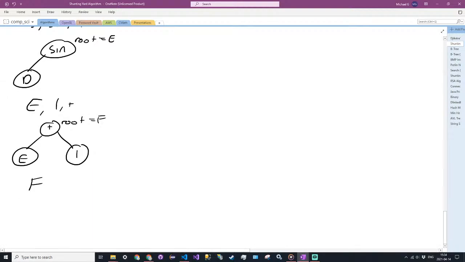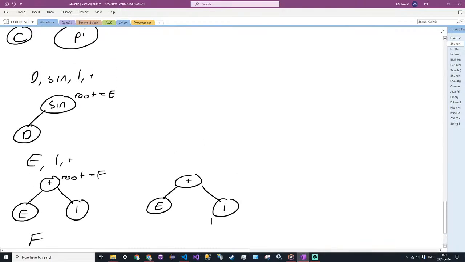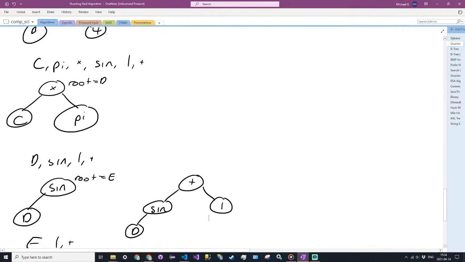So we start with F. But F is just the plus of E and 1. Now we substitute even further and get to this. So then we get a plus that links a sine that evaluates with D here, and then a 1. We can keep going.